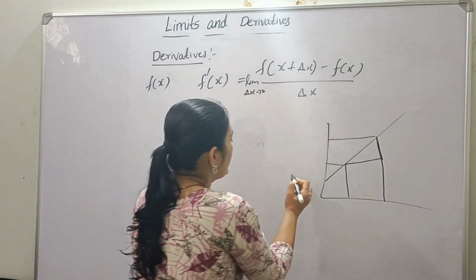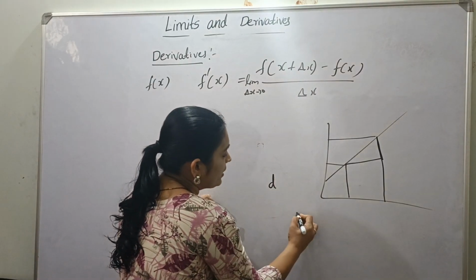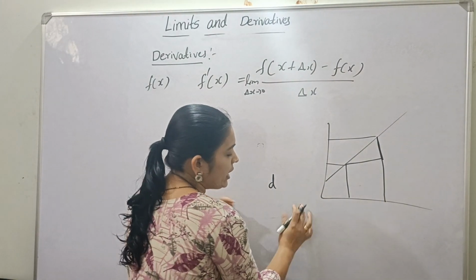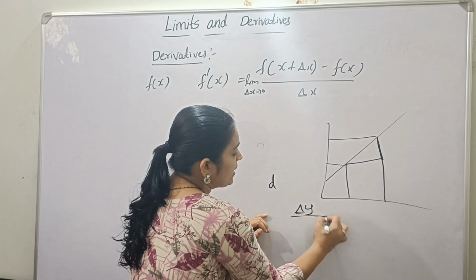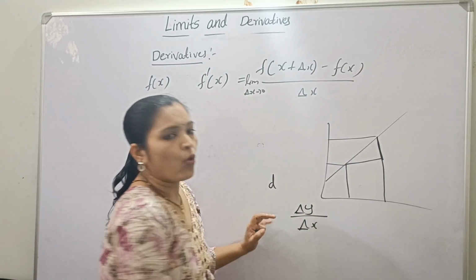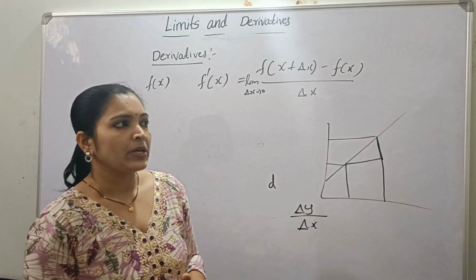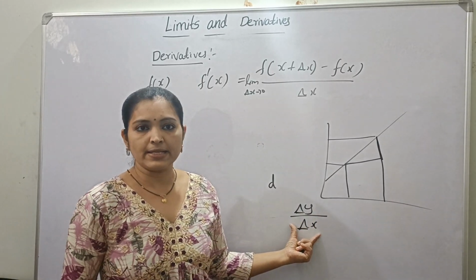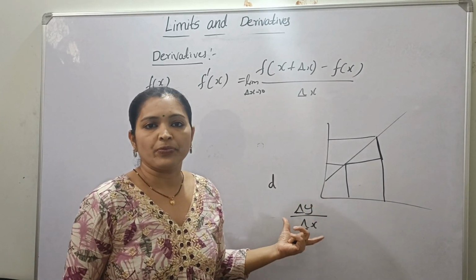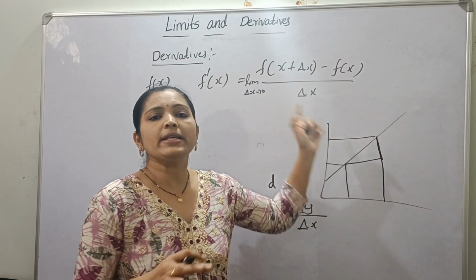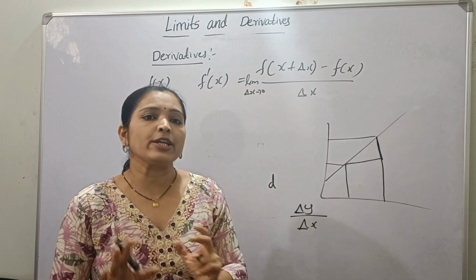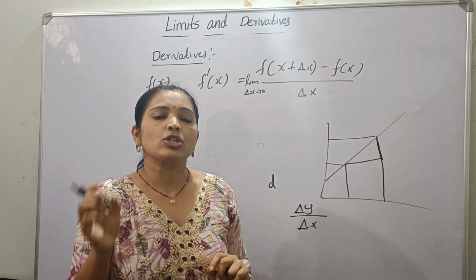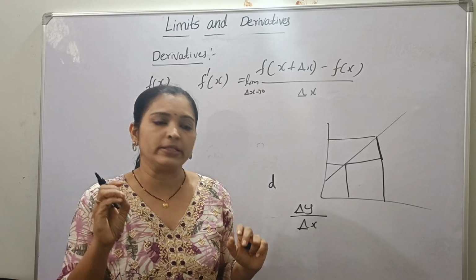We denote it as delta, the change of y over the change of x. That means when x changes, what is the change in y? That is the rate of change. So remember, the slope of a line is also the derivative.